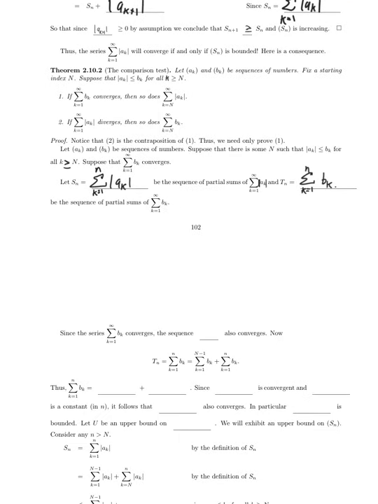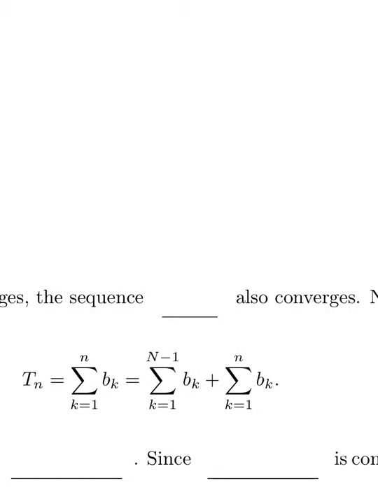Now I know that this series converges. That must mean that the sequence of partial sums associated with that series converges. So that means that the sequence T_n converges.